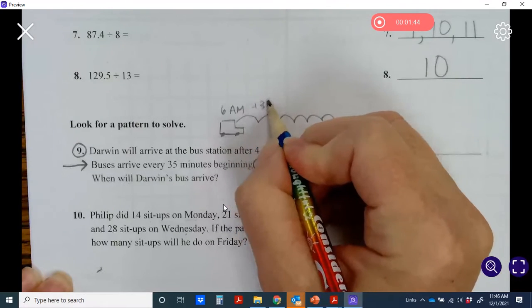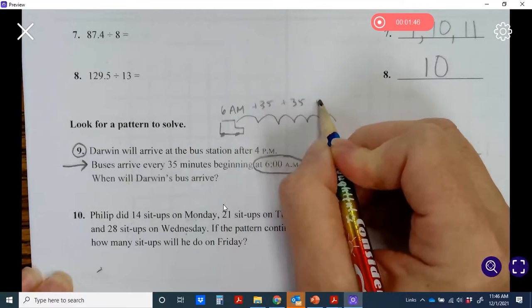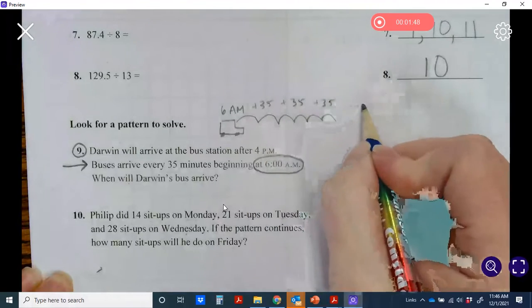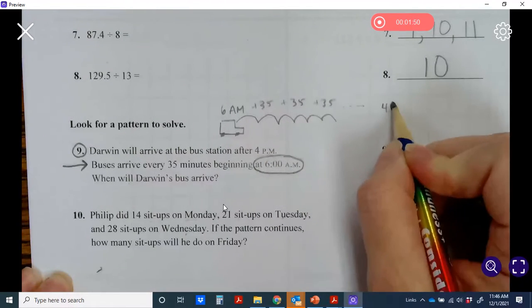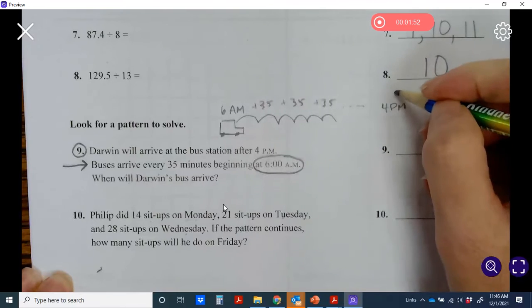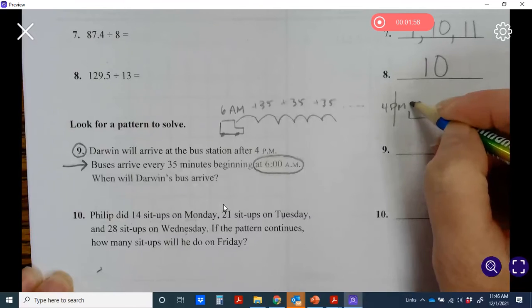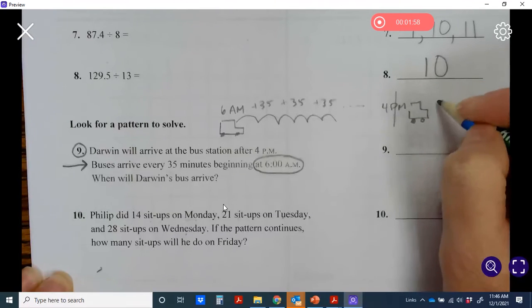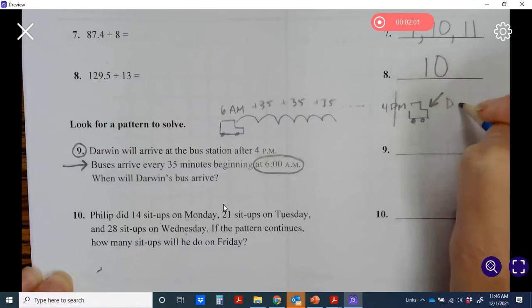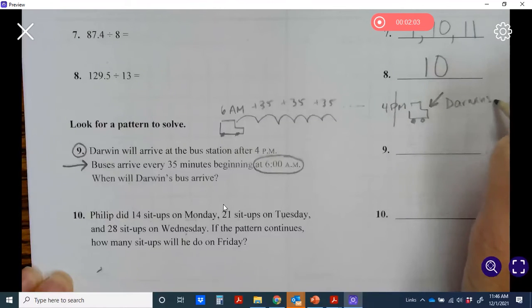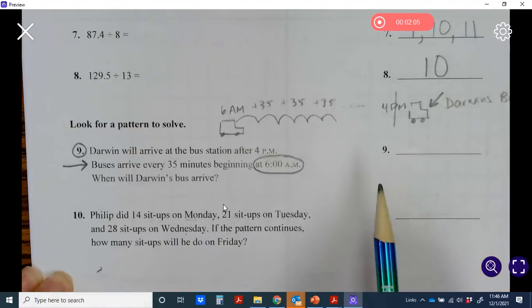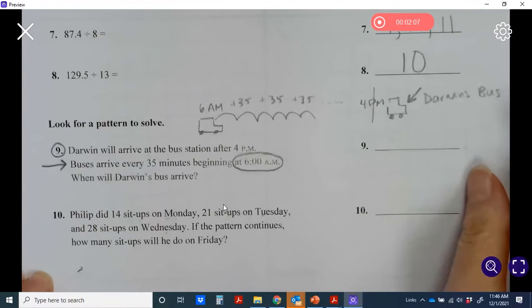So plus 35 minutes, plus 35 minutes, etc. until 4 p.m. comes, and then another bus is going to come after 4 p.m. and that's going to be his bus. That's going to be Darwin's bus. Okay, so what time is his bus going to be there?